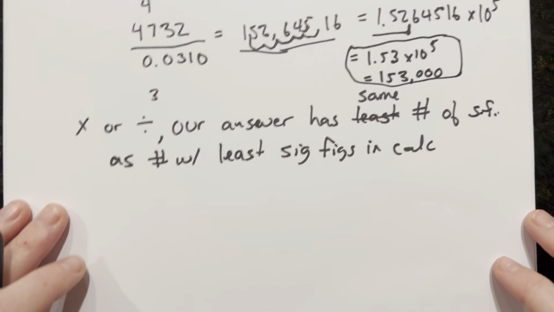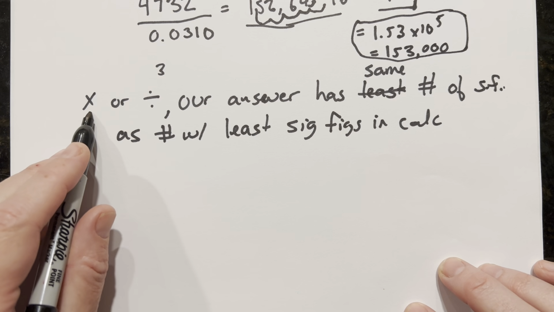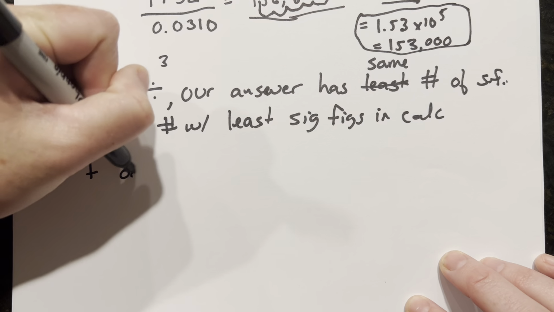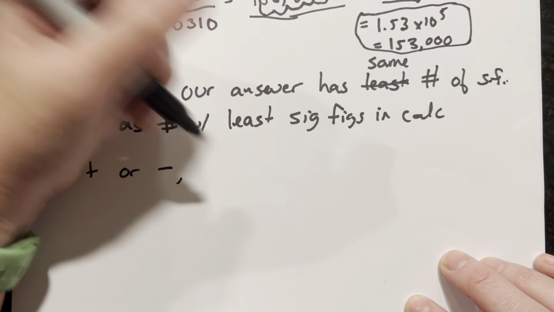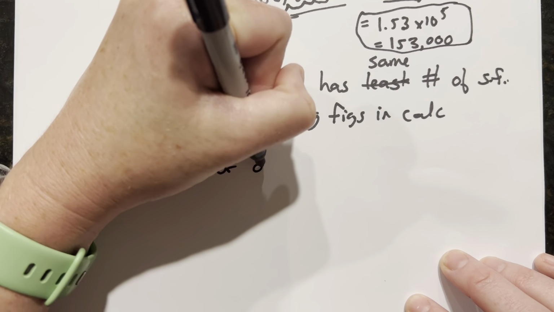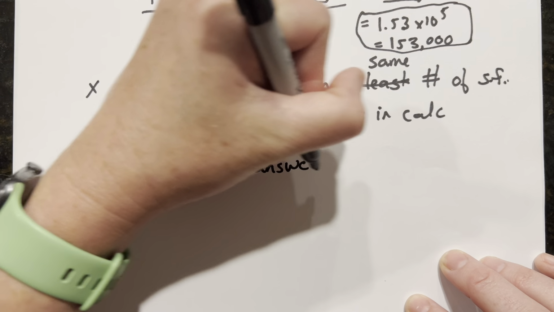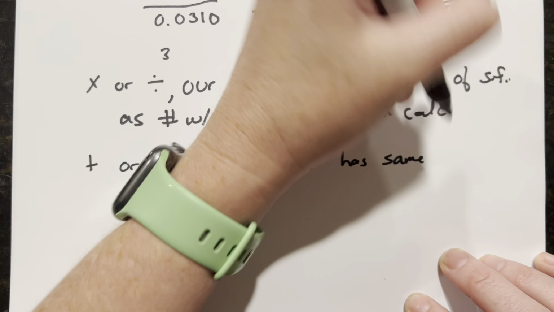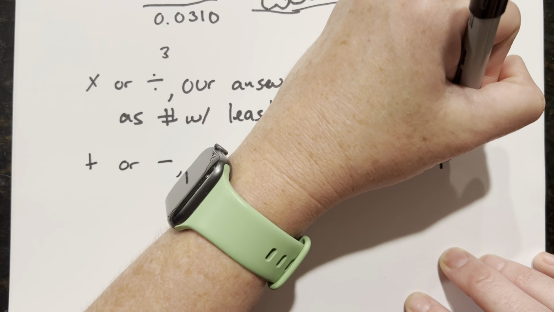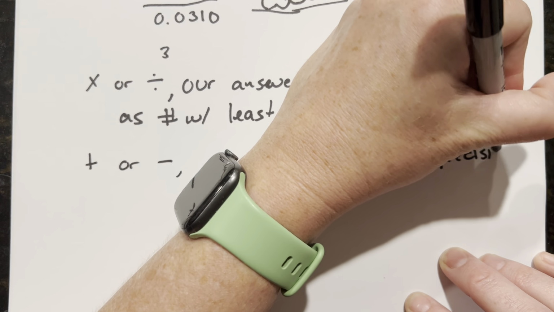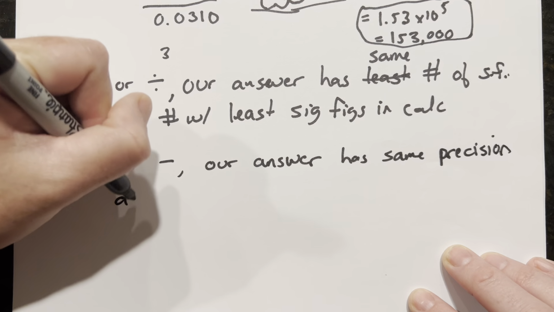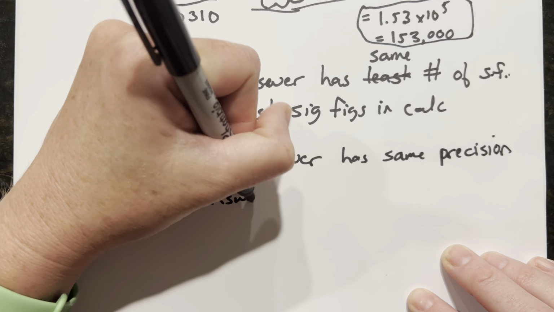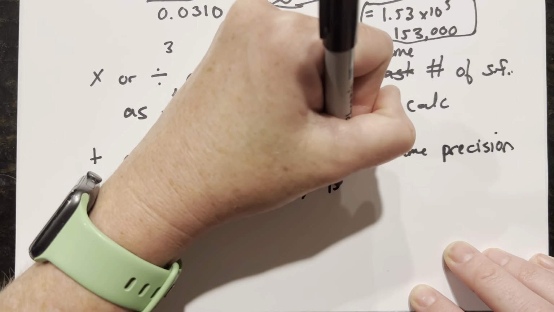But now we have to also look at another rule, and that's when we add or subtract. So when we add or subtract, our answer no longer has to do with sig figs. It's going to have the same precision as our answer with the least precision in the calculation.